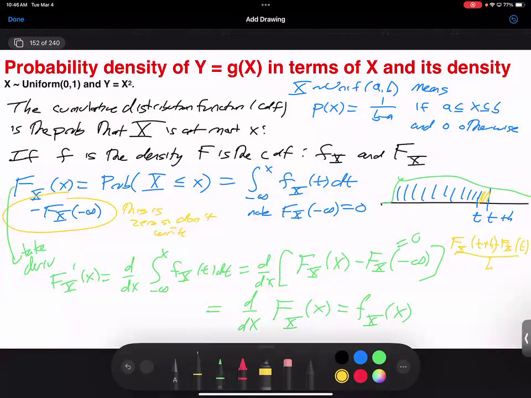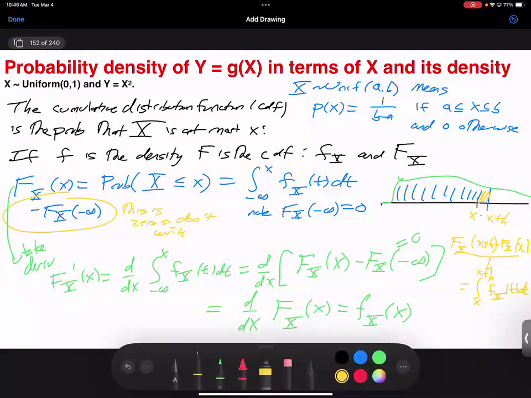And that's going to basically become the integral from t to t plus h of the density. Oh, I'm sorry, these should be x's. So I'm integrating from x to x plus h of f of t dt.